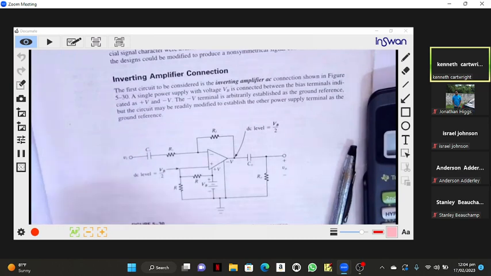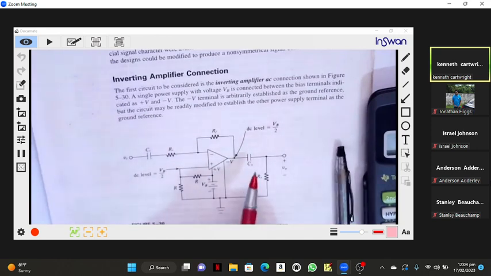The purpose of the capacitor is to pass AC. The same is true of the input. CI, that's the input coupling capacitor. Now, what do you think we need CI to do?